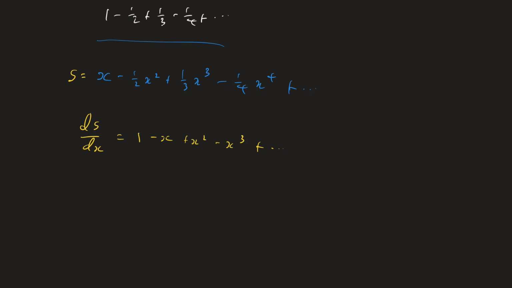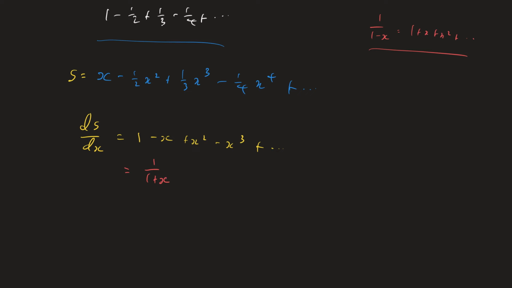The one series which we should all know because it occurs so often is that 1 minus x plus x squared, etc. is equal to 1 on 1 plus x. Nevertheless, if we had forgotten this, we can also derive it as follows.